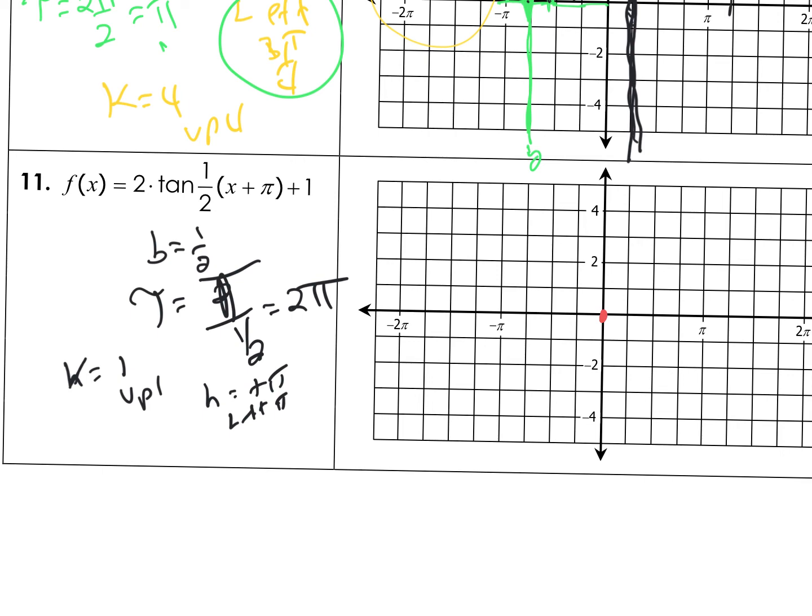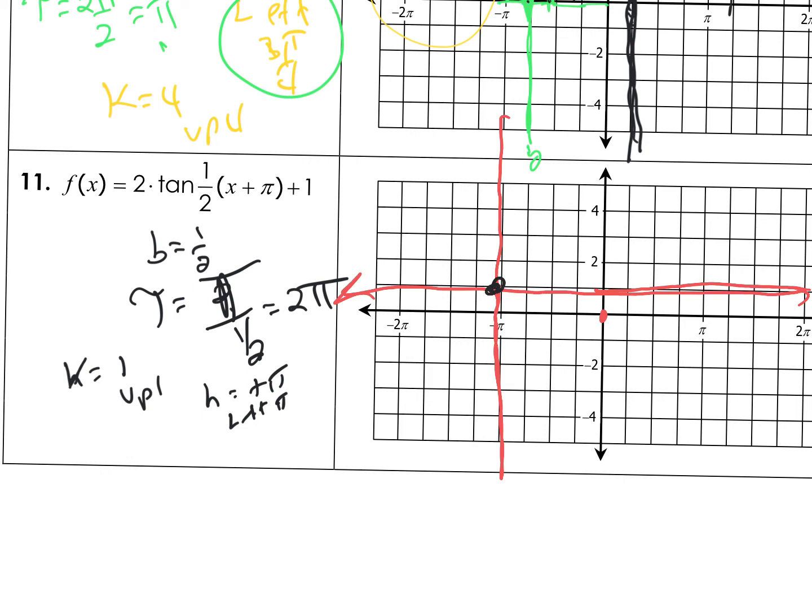So I'm gonna go up 1 as my new x-axis, and then I'm shifting to the left pi, so that'll be a negative pi right here. There's my new y-axis. Therefore, my first dot starts here.